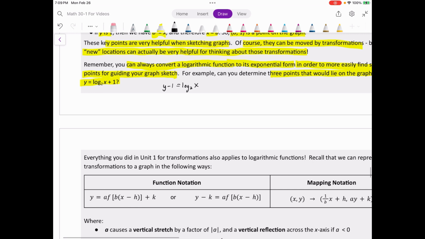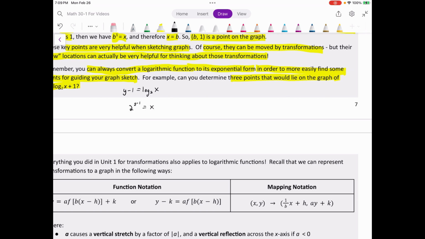So this is really just saying the same thing as, this to the power of this equals this. So 2 to the power of y minus 1 equals x. And there we go. This is a pretty quick way to come up with a few points on our graph. It feels kind of wrong because it's almost like we're inputting y's. Again, we're not. It's a logarithmic function.